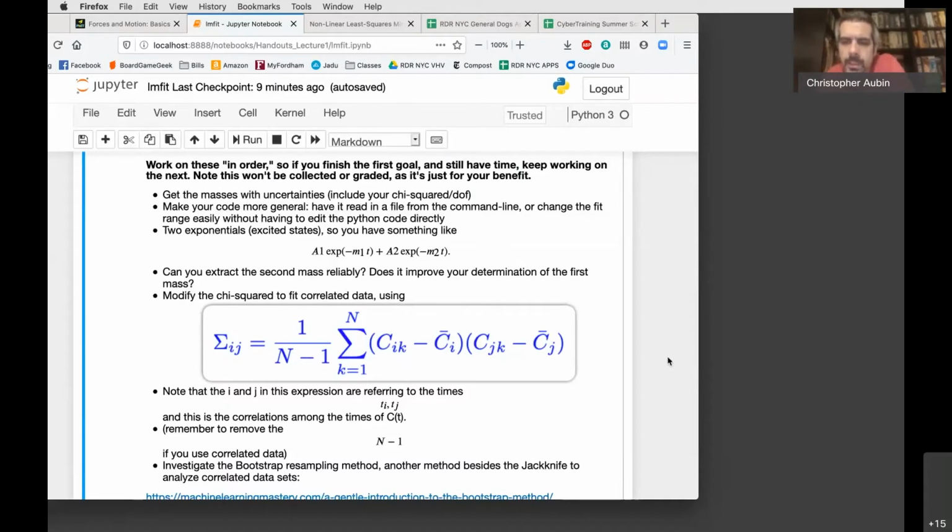And your chi-squared per degree of freedom? Oh wow, for the correlated fit, it got smaller. That's interesting. We'll have to look over that later.